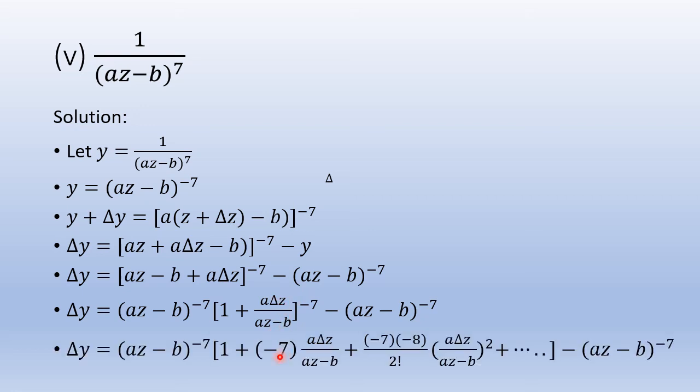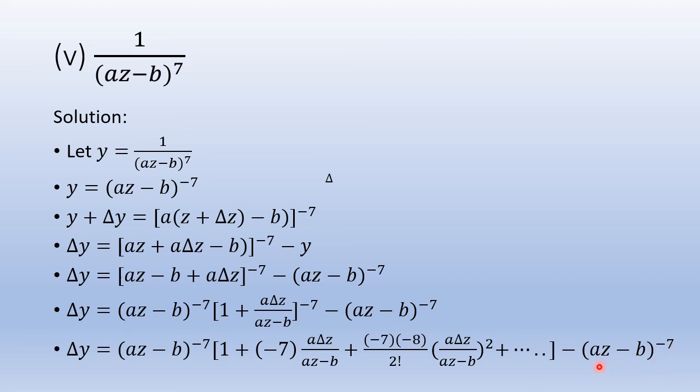So apply the expansion: 1 plus minus 7 into a del z by (az minus b), then minus 7 into minus 7 minus 1, that is minus 8, by 2 factorial, into (a del z by (az minus b)) squared, plus so on. We have infinite terms, and all the terms have got del z in them. Then we close the bracket, and then minus (az minus b) to the power minus 7.